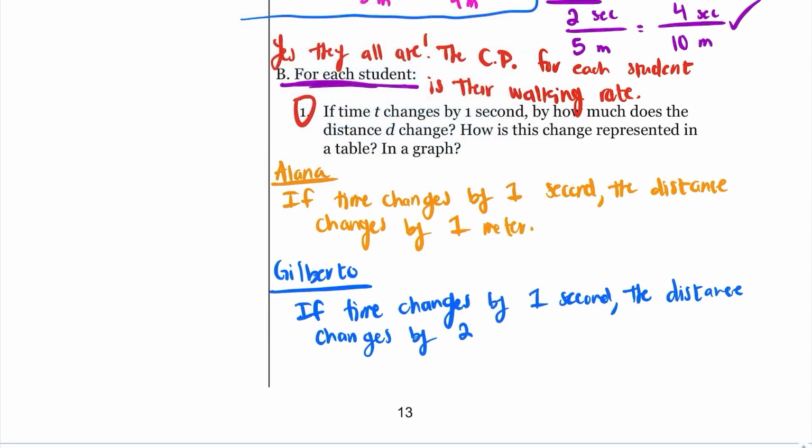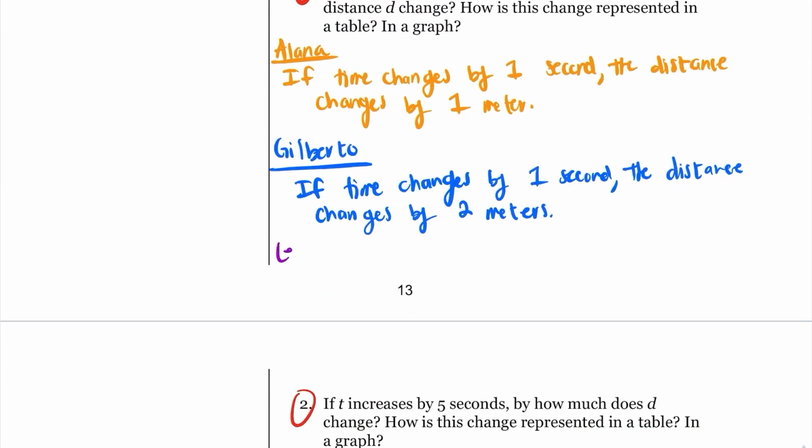So there's Alana, and then 2 meters for Gilberto. Okay, and Leanne, hopefully you guys are catching on to what's going on here.